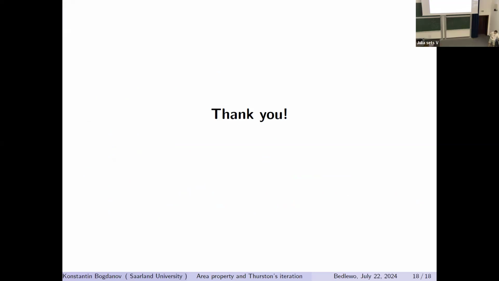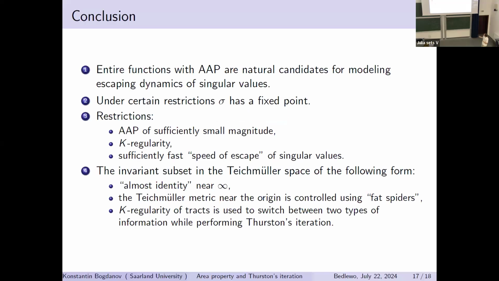Are there any questions or any comments? Yes. To clarify, going straight from the previous slide: after you obtain that sigma has a fixed point, what exactly is the conclusion for entire maps?